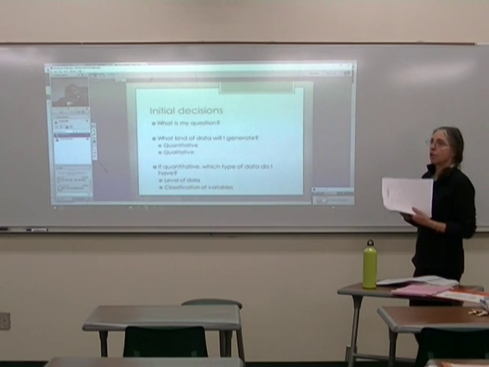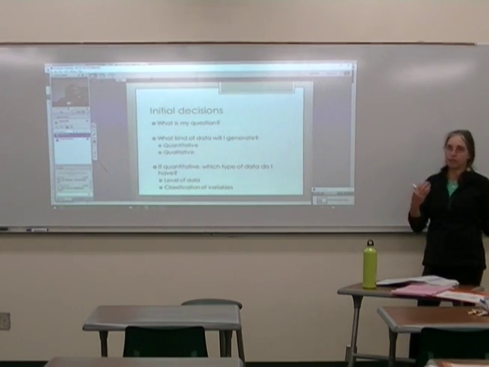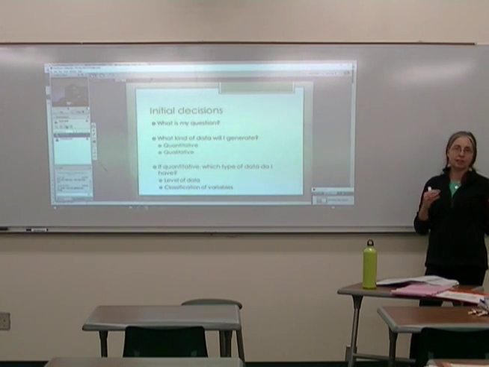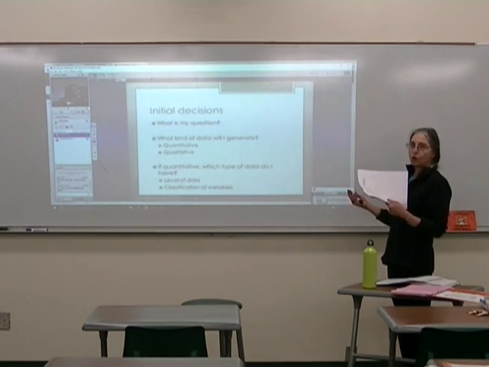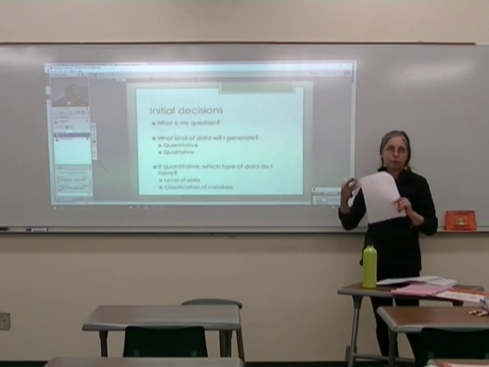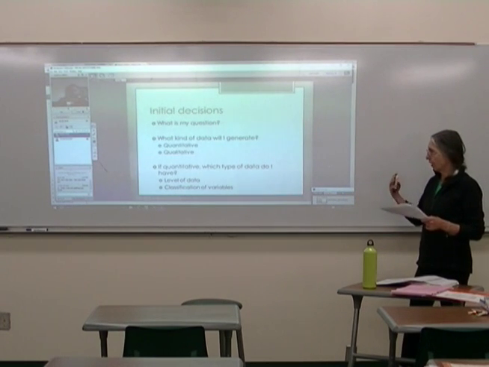The first thing it will spew out will be a table that tells you how many people were in the database. If you put in ages, it'll give you an age range and a mean and a standard deviation from the mean. If you've got males and females, it'll tell you how many of each, or if you divide them up by any other grouping, you'll get all that kind of data out first.